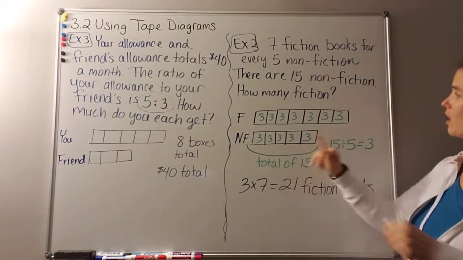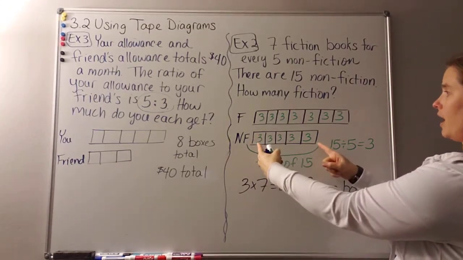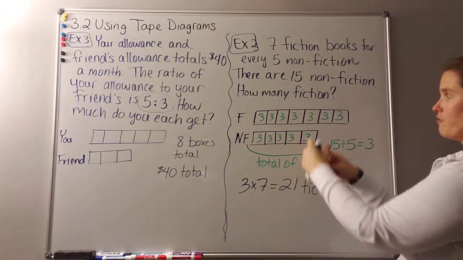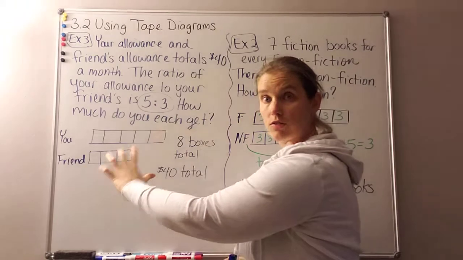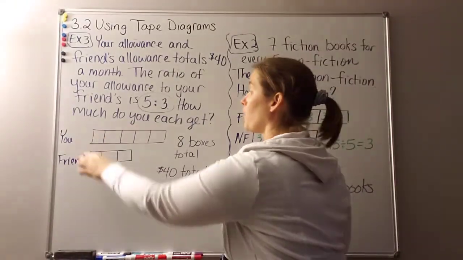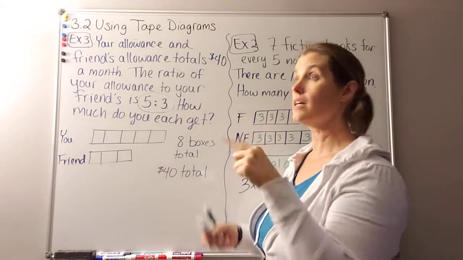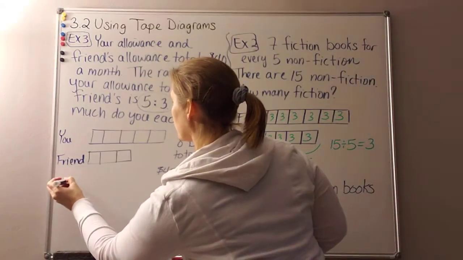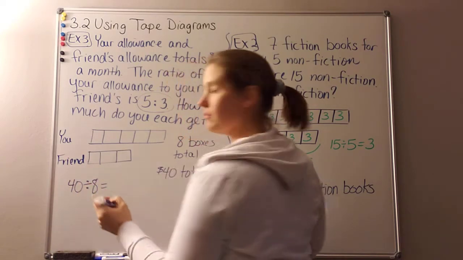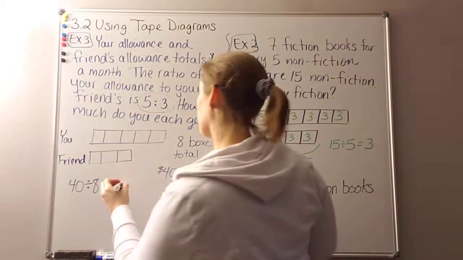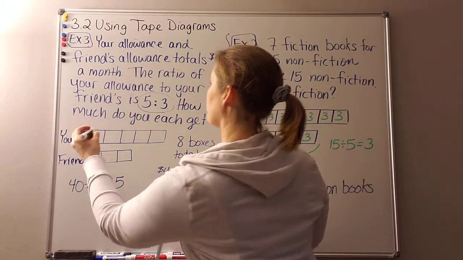Remember here we had 15 total and we divided by the number of boxes for this row. Well, here we have the total for both of you guys for the whole thing, and we know the total number of boxes. So can't we do the same thing? Both are saying, yes, we can. So we're going to take our total, $40, divided by 8, and what does that equal? Very good, it's 5. So now that means each box is worth 5.